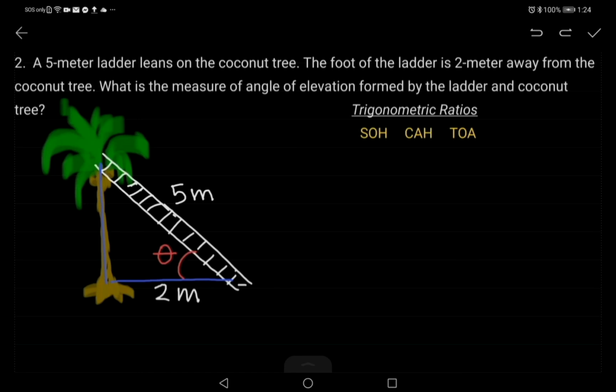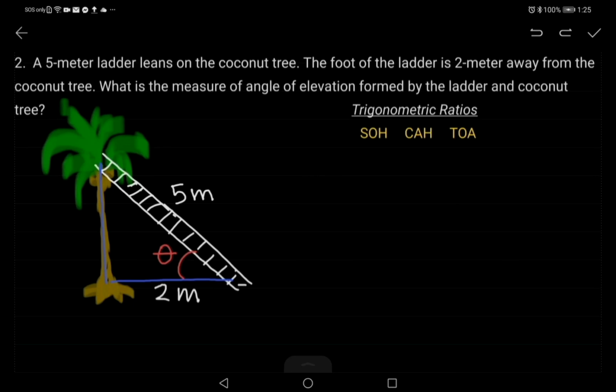In this problem, we are going to solve for the angle of elevation. Since the given are adjacent and hypotenuse, we will choose from SOHCAHTOA the CAH, which is cosine theta equals adjacent over hypotenuse.